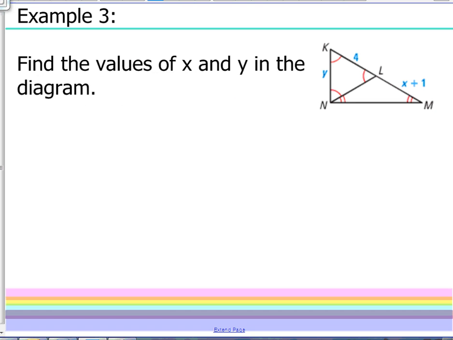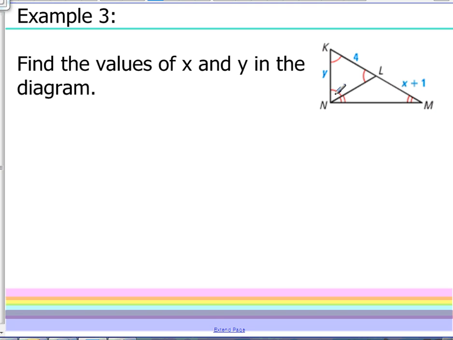Last but not least, we have example 3, which says, find the values of x and y in the diagram. So we want to find x and y. We can actually use these theorems to figure this out. We can look at this small triangle here, KNL, and we can immediately see that all three angles are congruent.